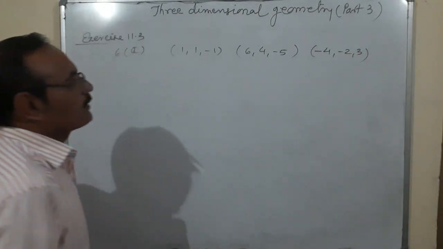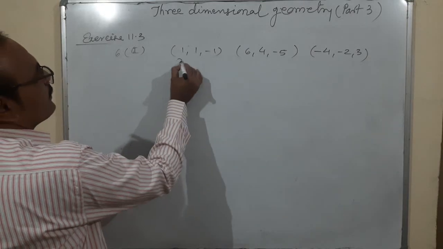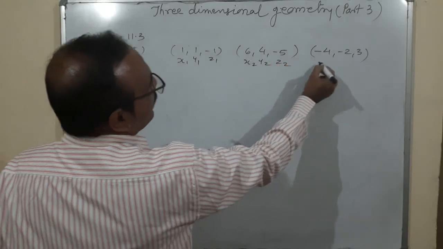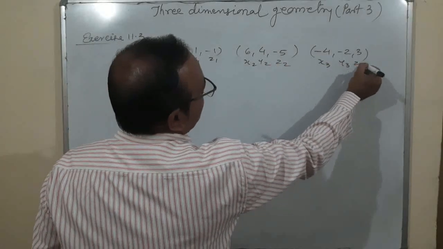I am writing them as x1, y1, z1, x2, y2, z2 and x3, y3, z3 so that we can put the values.